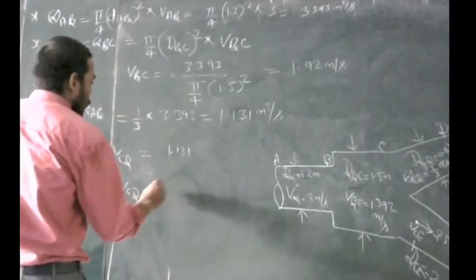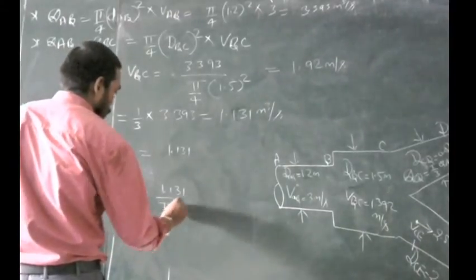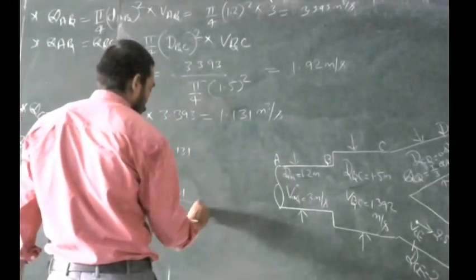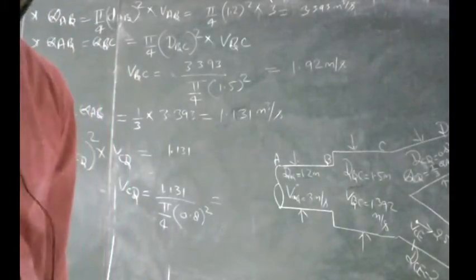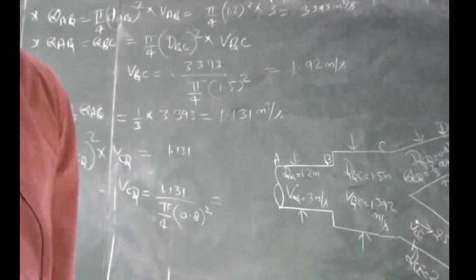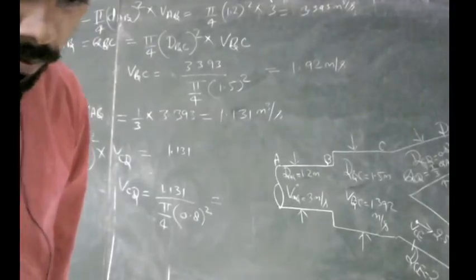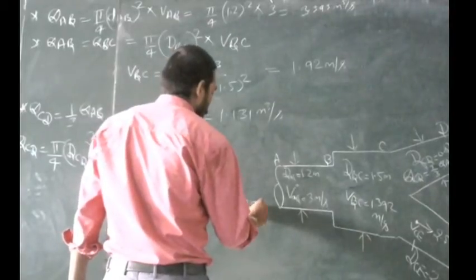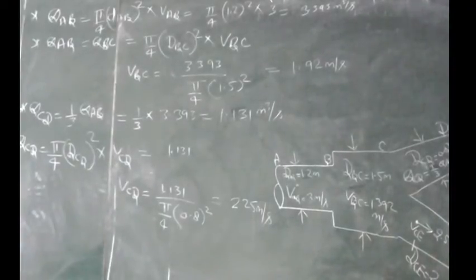Then VCD equal to 1.131 upon pi by 4 into DCD, which is 0.8 square. Solve it. 2.25 meter per second. It is clear, 2.25 meter per second.